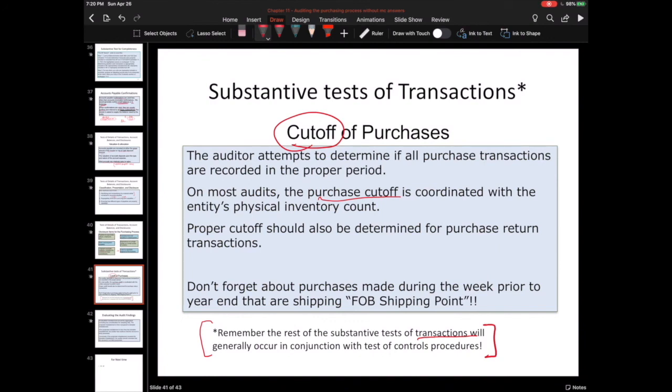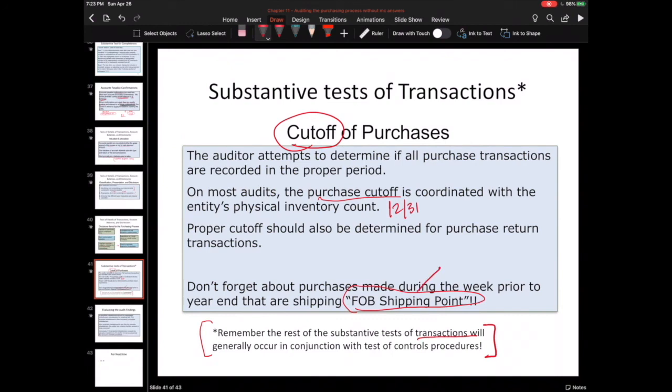And so oftentimes with purchase cutoff, we'll be looking at the company's year-end inventory count, and we'll make sure basically that everything that is included in inventory as of 12/31, all those things are obviously physically there, right? So those purchases should be included on the books. But we also would want to consider any purchases that had been made at FOB shipping point that had been purchased but that had not yet arrived.